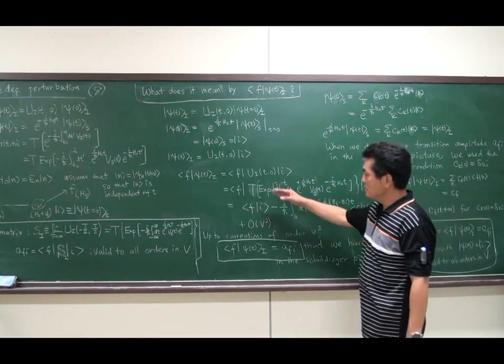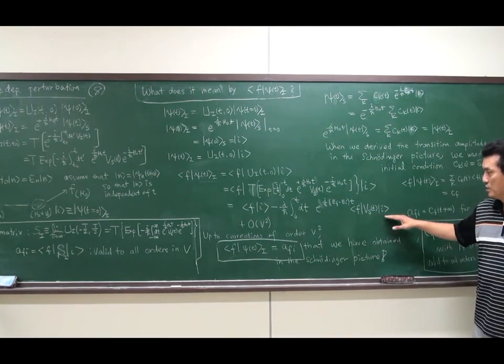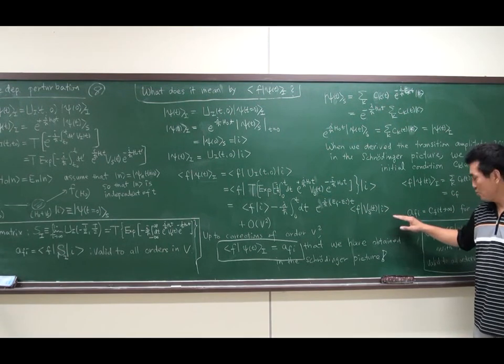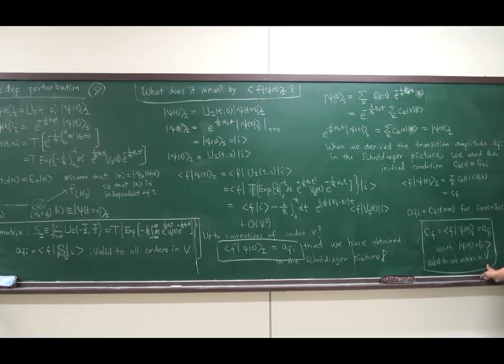Earlier this was just an approximate result valid up to order V, but this is true to all orders in V. So we can make use of the fact that the transition amplitude is simply calculable by evaluating the wave function at t goes to infinity in the interaction picture and then projecting out the state f, which is one of the eigenstates of the unperturbed Hamiltonian H0.